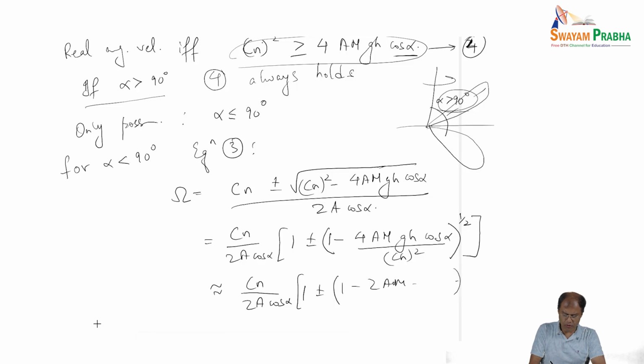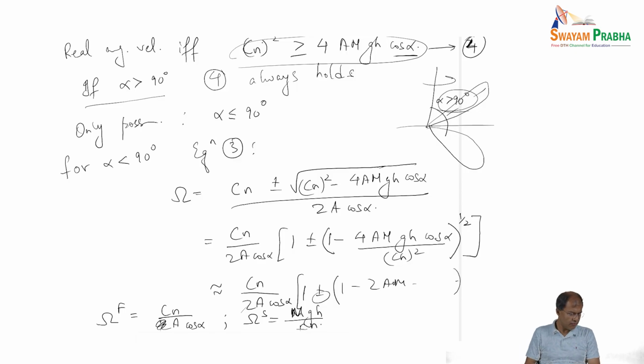One of them we call the so-called fast root, which is the larger of the two, the fast omega. This comes out to be Cn by 2a cos alpha, since 1 plus 1 gives a 2, which cancels with the 2. That's the fast root. And then we have the slow root, the minus, which comes out to be mgh by Cn.